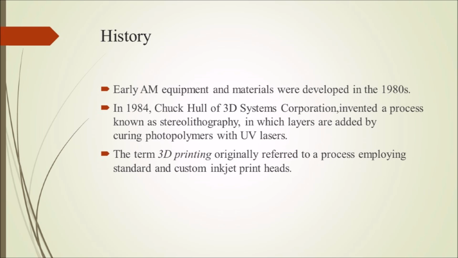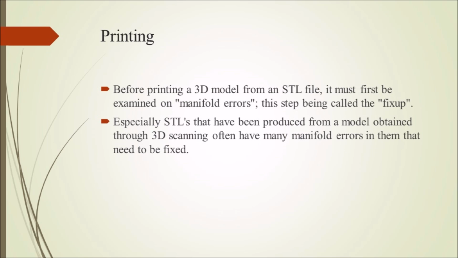He also defined this process as a system for generating three-dimensional objects by creating a cross-sectional pattern of the object to be formed. He also developed the STL file format, which was widely accepted by 3D printing software.